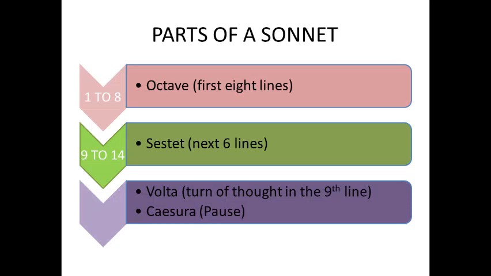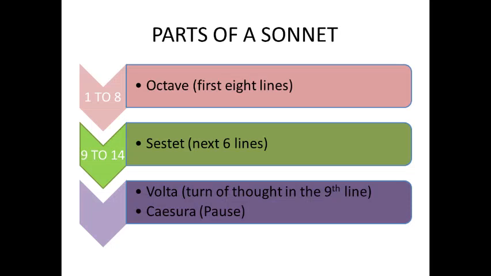So you have the octave, a space in between, then you have the sestet. Now, with the 9th line of the poem comes a turn of thought, a change of thought, which is known technically as the volta, spelled V-O-L-T-A.